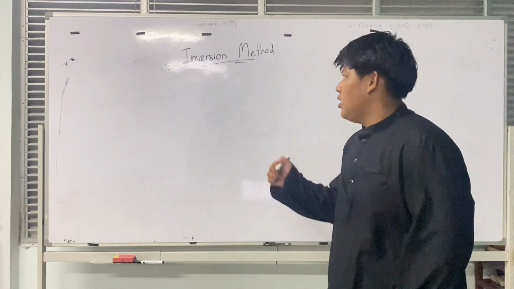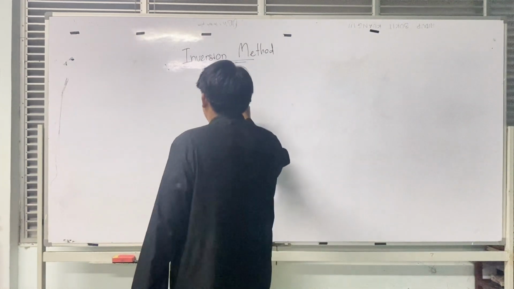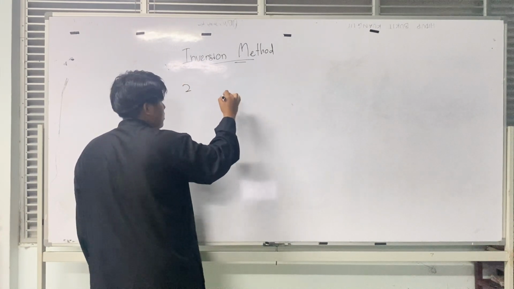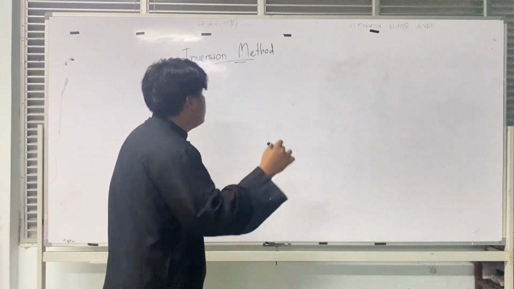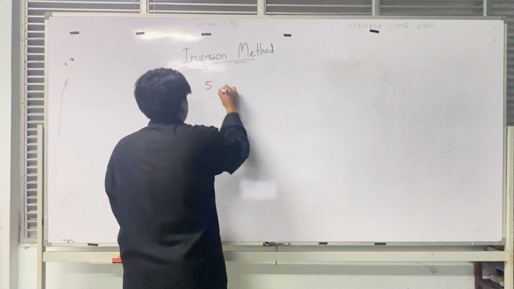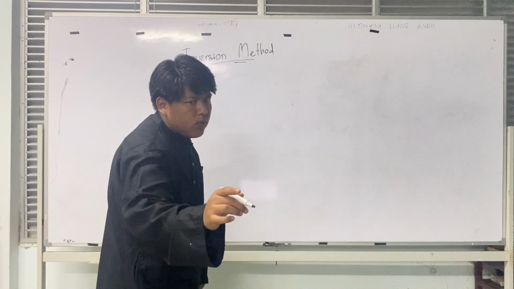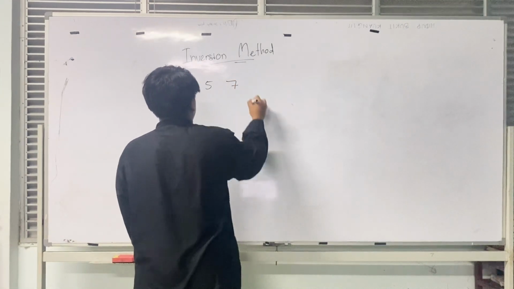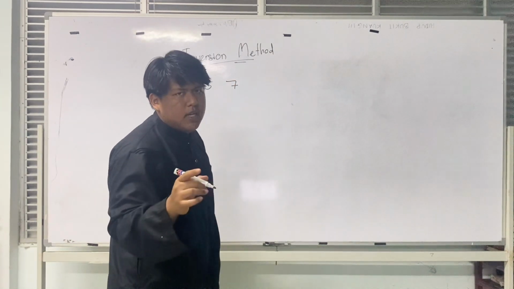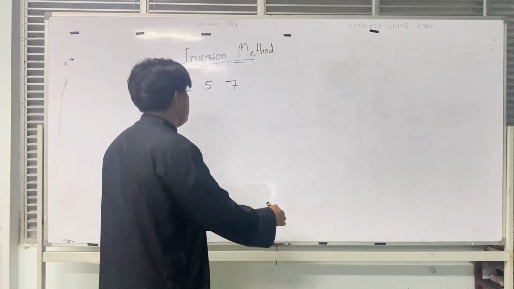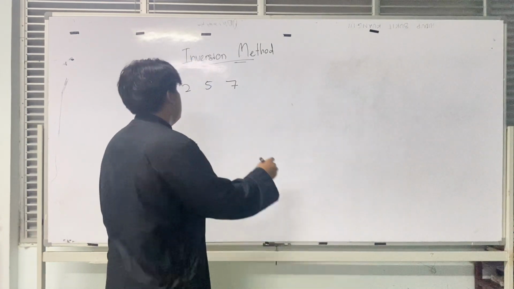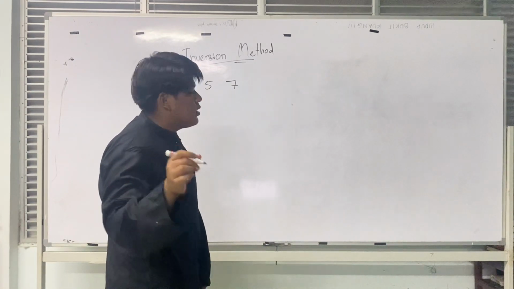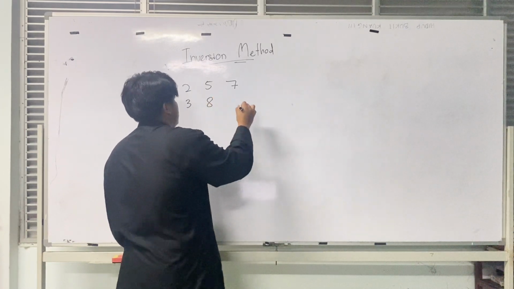First, in the company Protika, we have 2 supervisors, and then we have 5 operators, and then we have 7 technicians. In the company Powertech, we have 3 supervisors, and then we have 8 operators, and then just 1 technician.